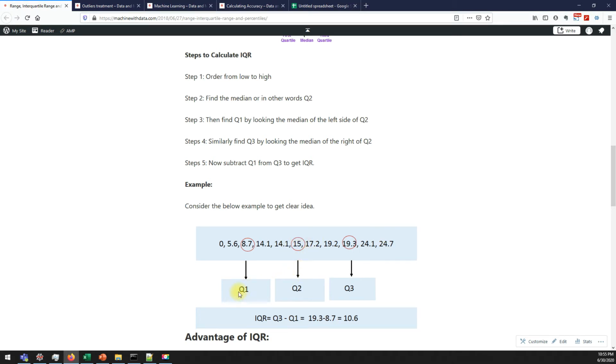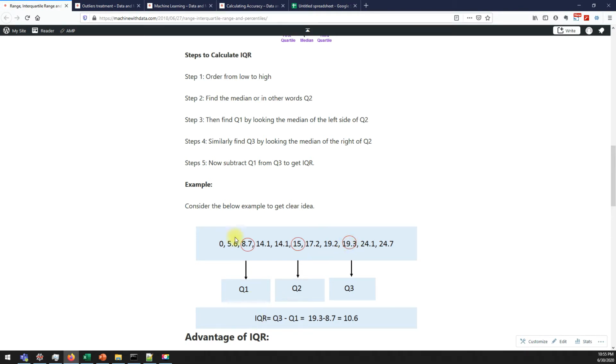And what is Q1? This is also a median, of the values from the left side up to your Q2. If you see, 8.7 is the median of those values, which is my Q1. Obviously Q3 is on the right side of Q2. I need to find the median of the right side of my Q2, which is 19.3.